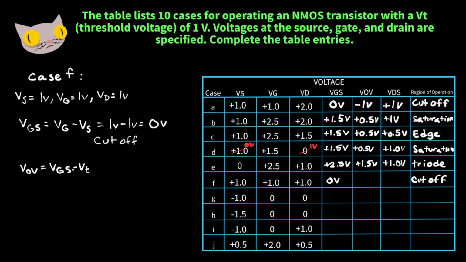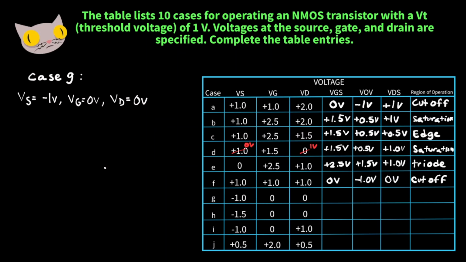Overdrive voltage, that's going to be VGS, 0 volts, minus threshold voltage, 1 volt. That's going to give us -1. And our drain to source voltage, VD minus VS, that's going to be 1 minus 1, leaving us with 0 volts.